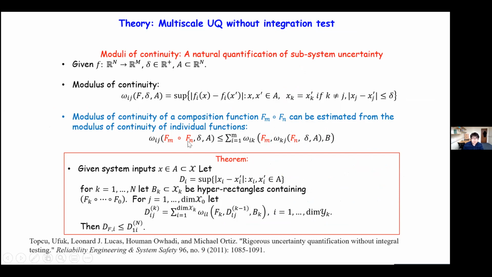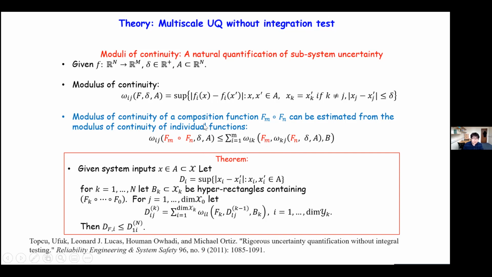So if I have some uncertainty with the input of Fn, rather than evaluate this Fm composed with Fn, I can first compute Fn associated with uncertainty. We compute the modulus of continuity associated with Fn and use this as an input when we compute the modulus of continuity associated with Fm.